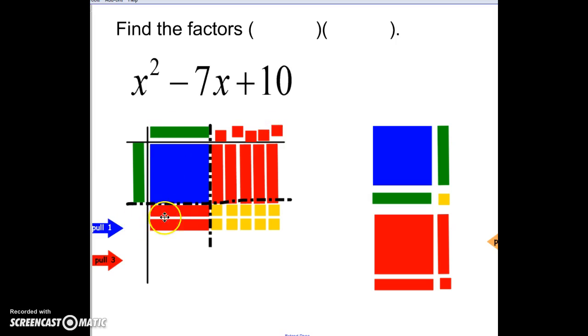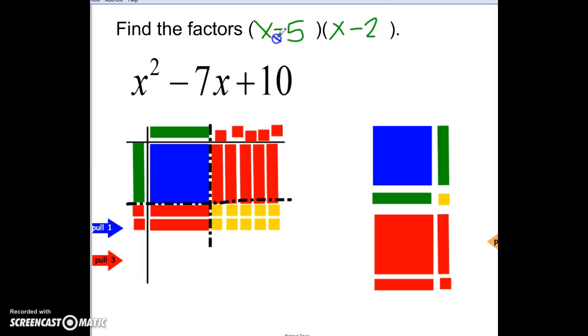And then over here, we'd have 2 red ones, we had to multiply by negative 2. And then these negative 2 times these negative 5 would give me the positive 10. So we have x minus 5 and x minus 2.